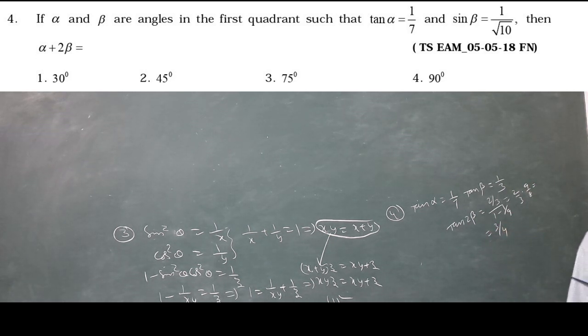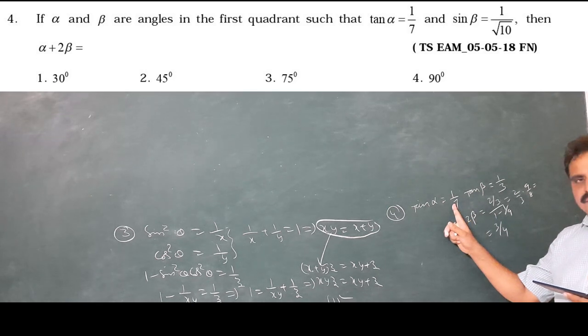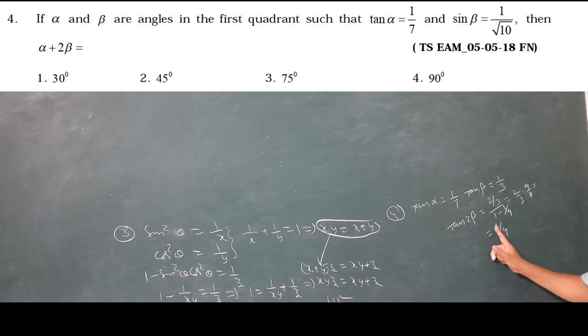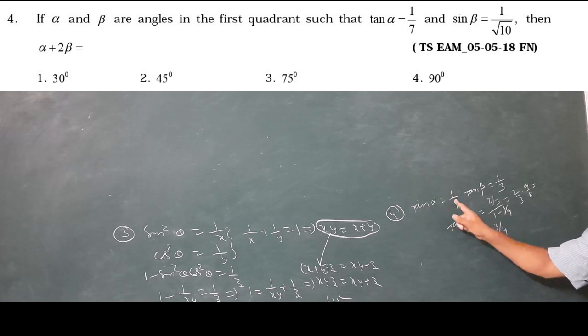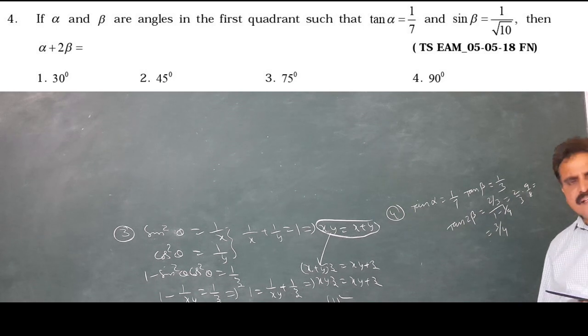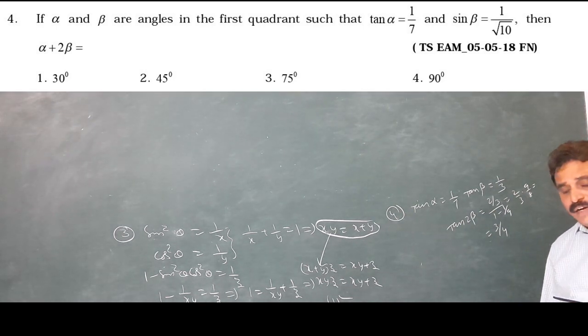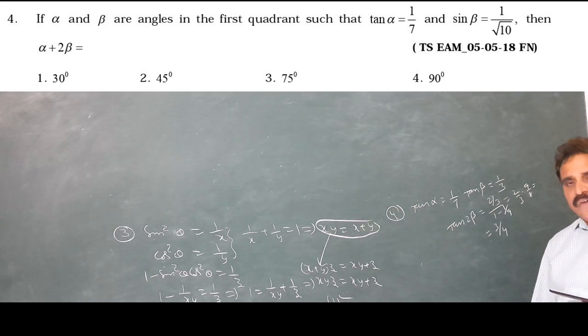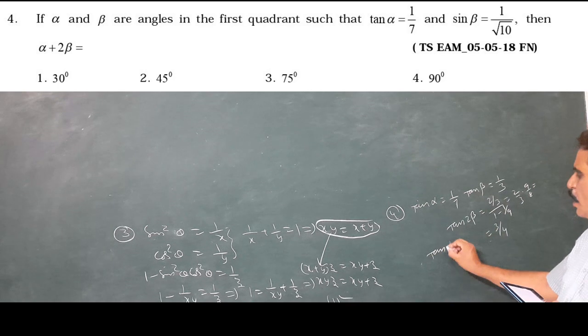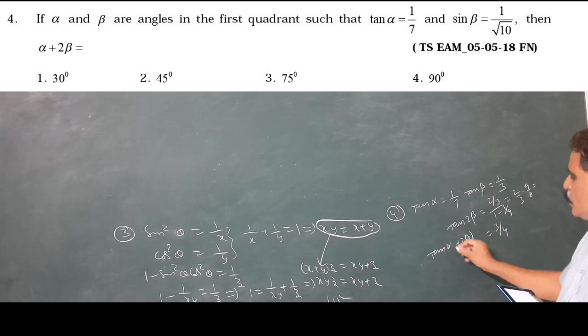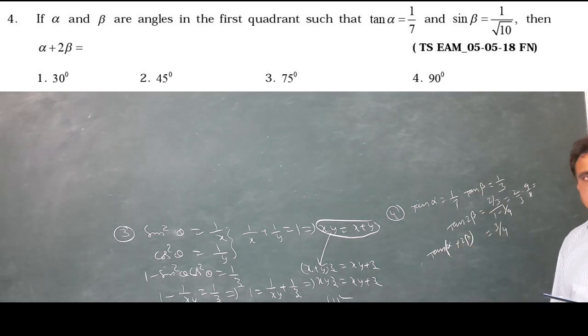Look here, m by n, and n minus m by m plus n. If the tan ratios are like that, then alpha plus 2 beta is pi by 4. Otherwise, you calculate tan of alpha plus 2 beta by using the tan a plus b formula.